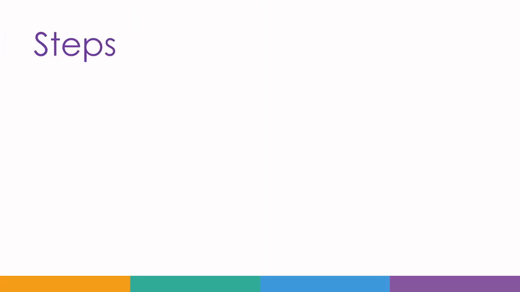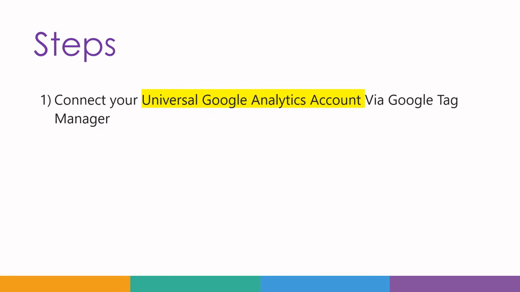Before getting into the live demo of setting up the events through Google Tag Manager, I would like to show the exact steps we are going to apply. The first step is to track the event via Google Tag Manager. You should already have your Google Analytics tracking code on your Google Tag Manager. If you already installed your Google Analytics code on Google Tag Manager, you can track the event via Google Tag Manager.